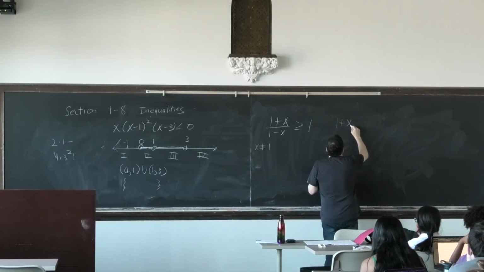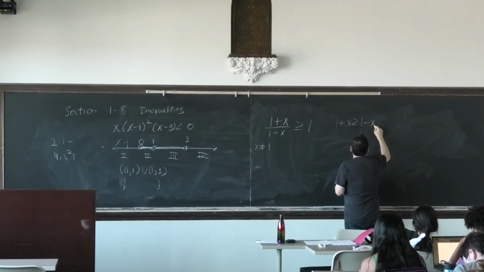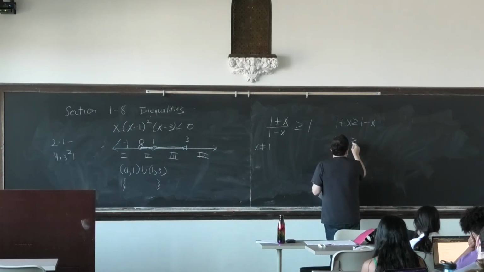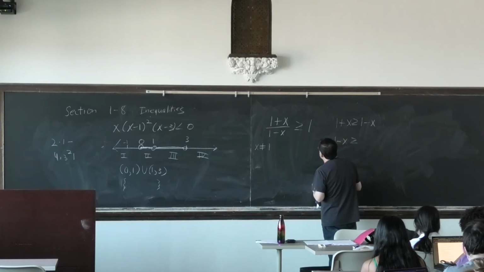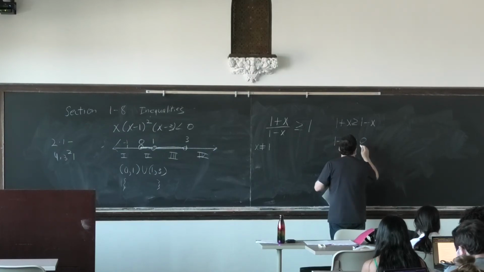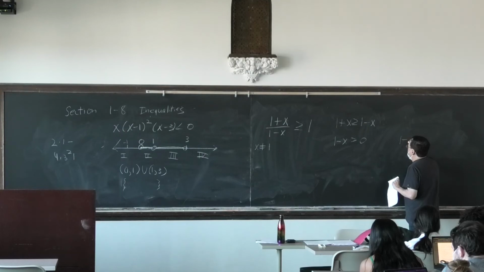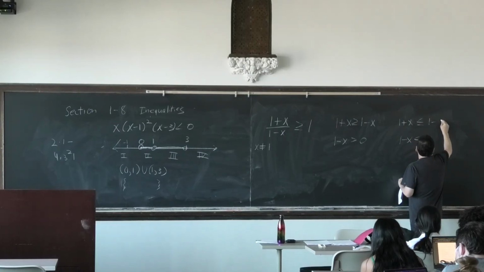We're going to have 1 plus x greater than or equal to 1 minus x, but with the proviso that 1 minus x is greater than 0. It can't be equal to 0. If 1 minus x is less than 0, then we have a different inequality, 1 plus x less than or equal to 1 minus x.